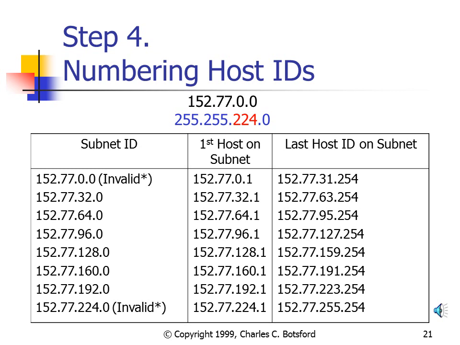In our scenario here, the subnet ID 32.0, the first host is 32.1, and it ends at 63.254, just before the next subnet ID starts at 64.1, and then that subnet ID goes all the way up to 152.77.95.254, ending just before the next subnet starts at 96.1.